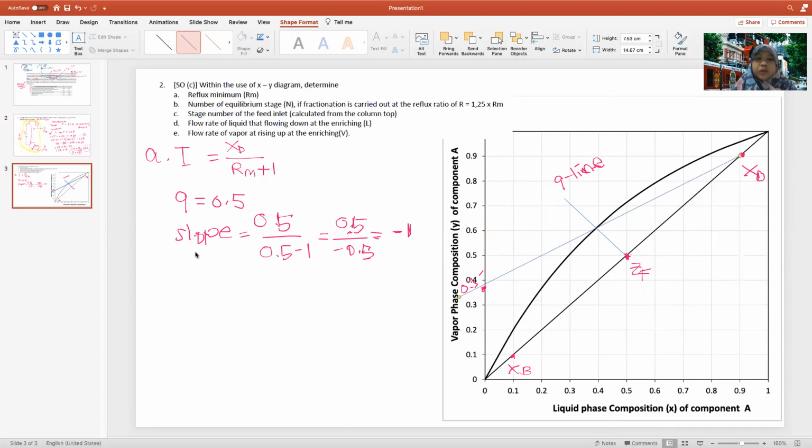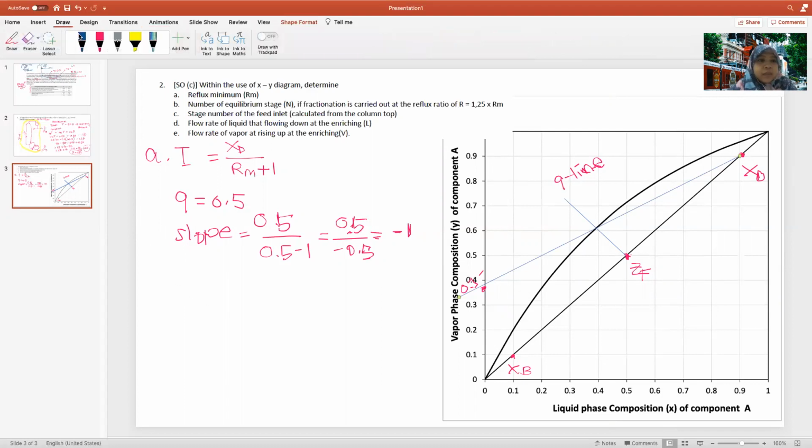So I think, yeah, let's say 0.0. So the intercept is 0.38.